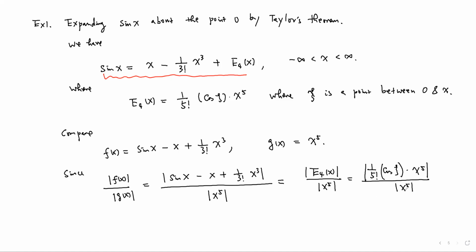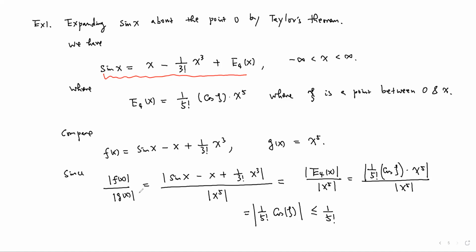Cancel x to the 5th. Then we have 1/5 factorial cosine sine, absolute value. Because a cosine is always between -1 and +1, this is less than or equal to the constant 1/5 factorial.